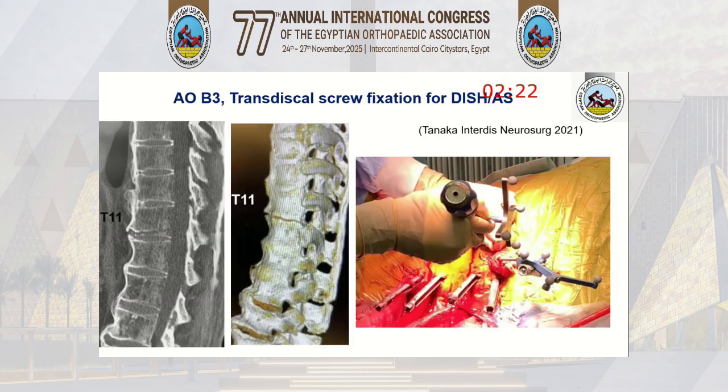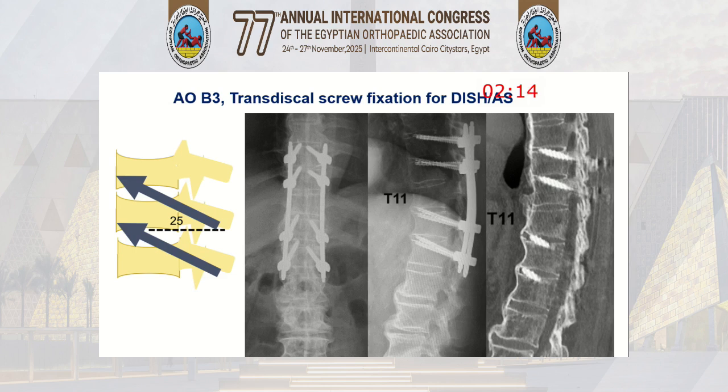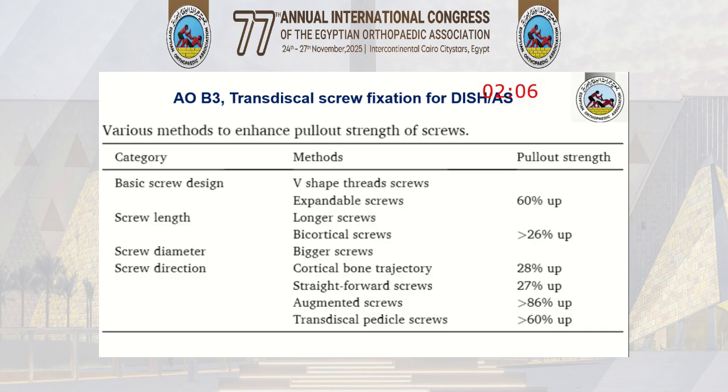Do you know the reason why we use transdiscal screw? Very strong one. This is a result. This screw penetrates the disc. So that's why this screw's pull out strength is, if you look at this, 1.6 times stronger.